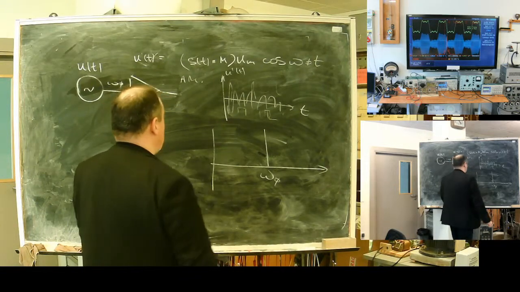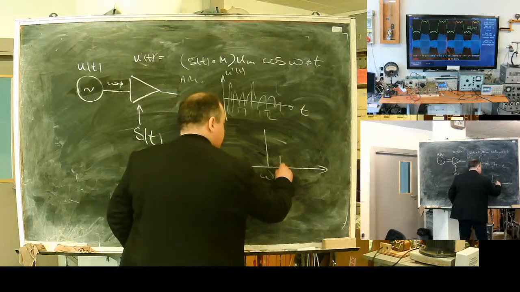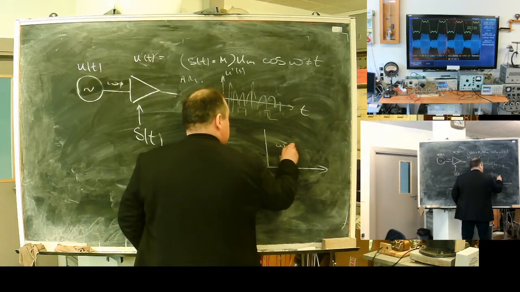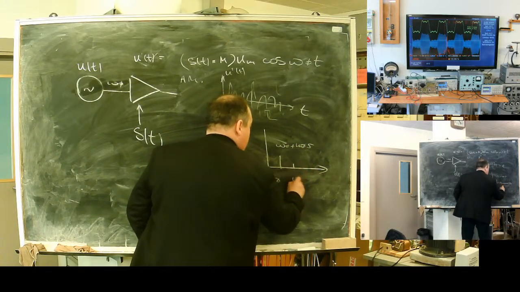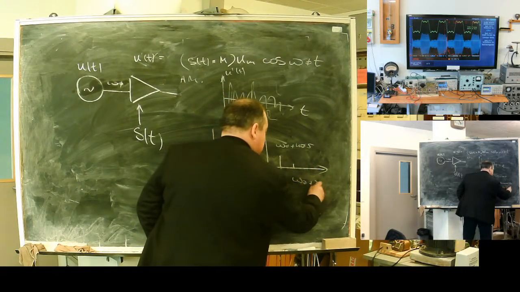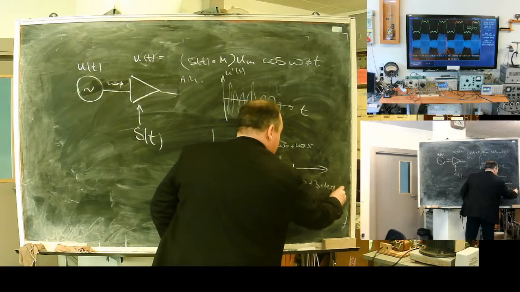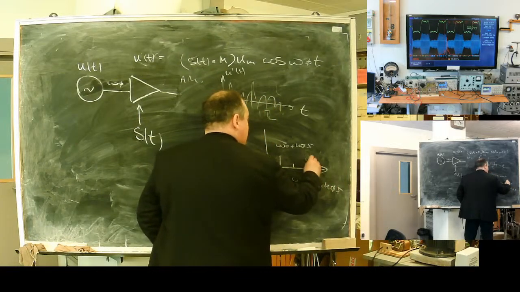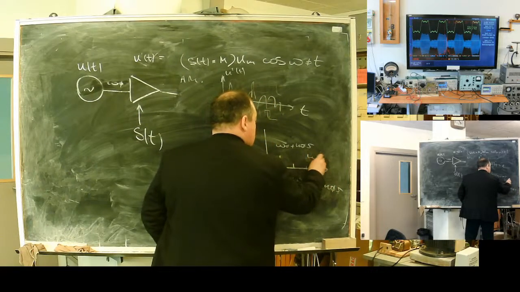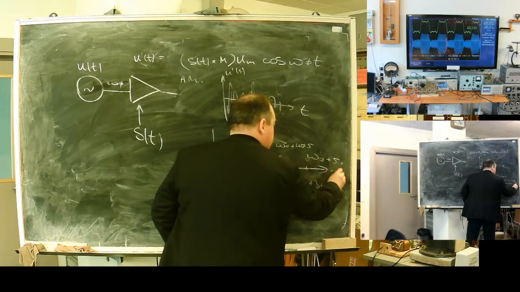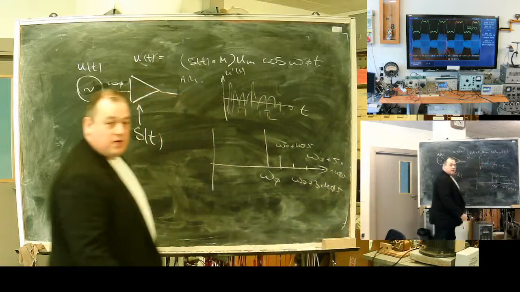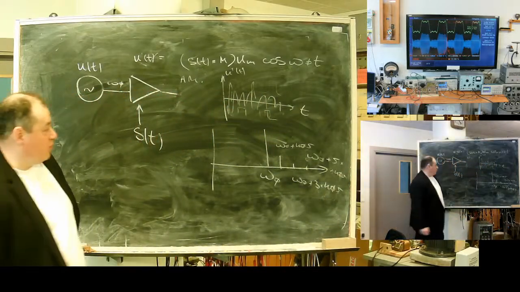Yeah? And omega 0 plus 405, omega 0 plus triple of 405, omega 0 plus 5 multiplied by 405. Is it clear? We saw it.